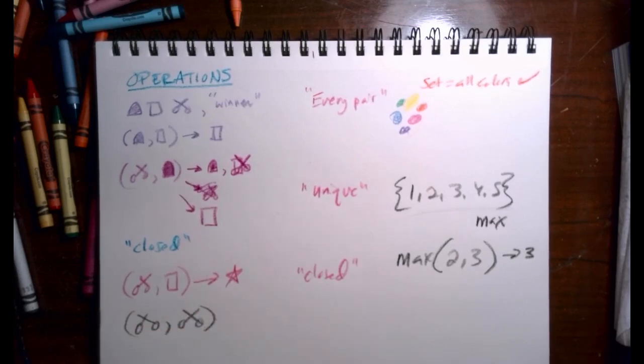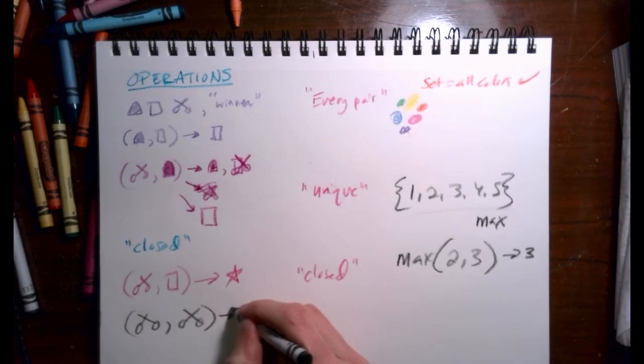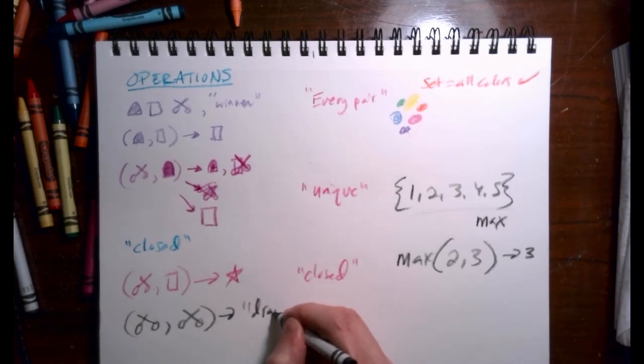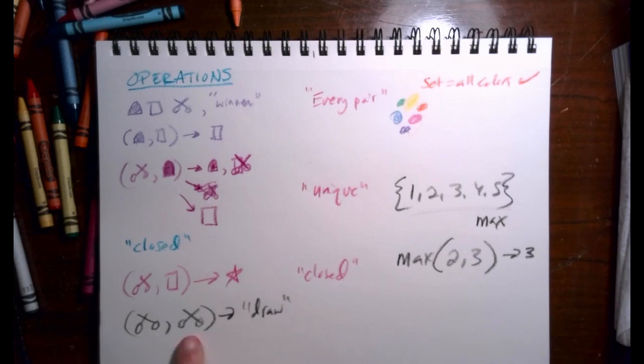What do we get there? So probably we would say draw. And that just means go again. This is sort of like an invalid thing. So this is kind of interesting. I don't know what we should say about it, but just keep in mind.